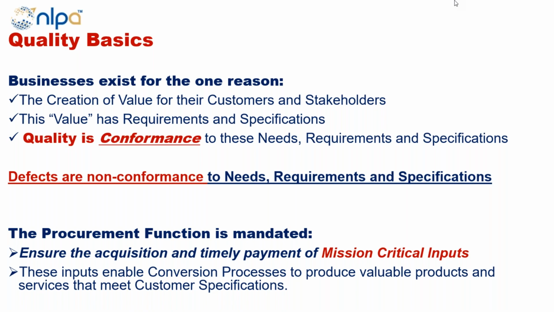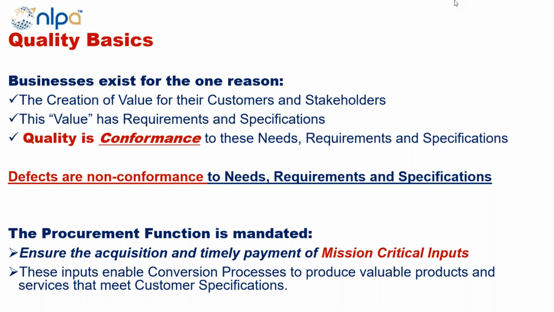In the procurement arena, much emphasis is placed on price, delivery, quality, and our payment terms, which, as you know, would affect our cost of money and would affect our cash flow situation. So quality essentially is the conformance to specifications, needs, and requirements of the customer.